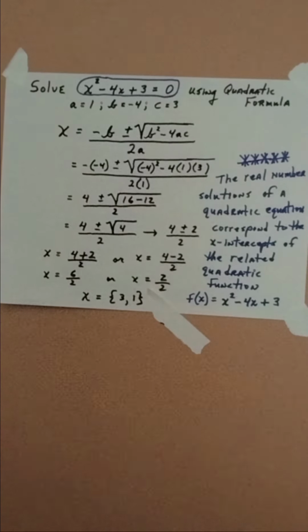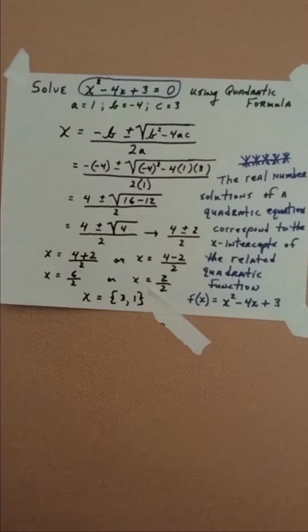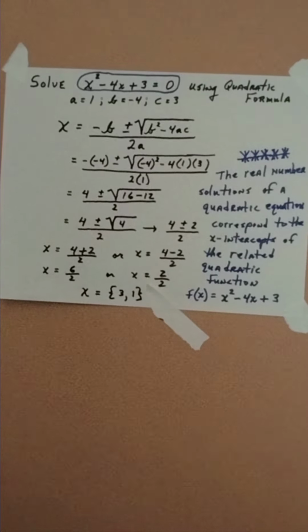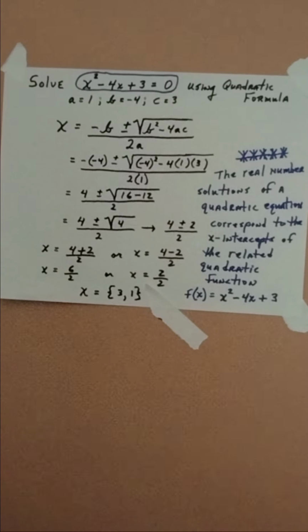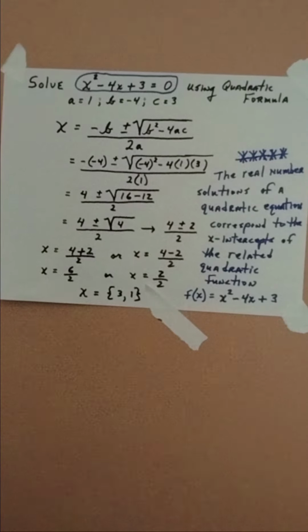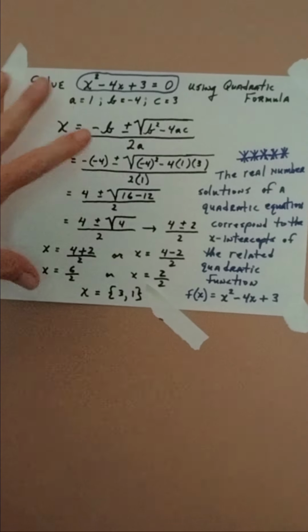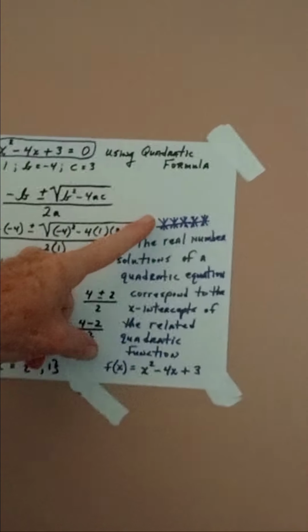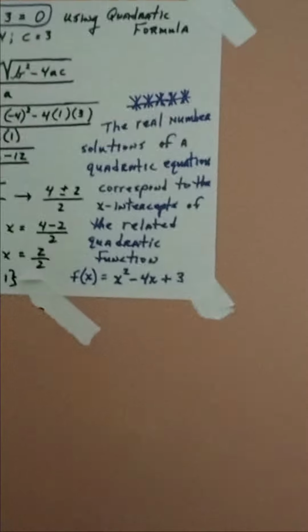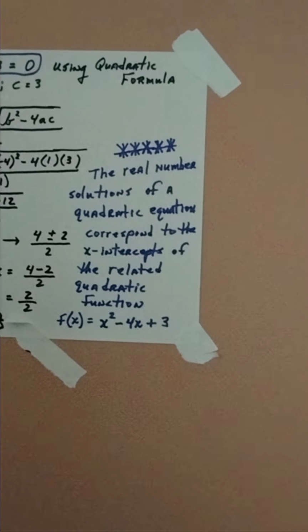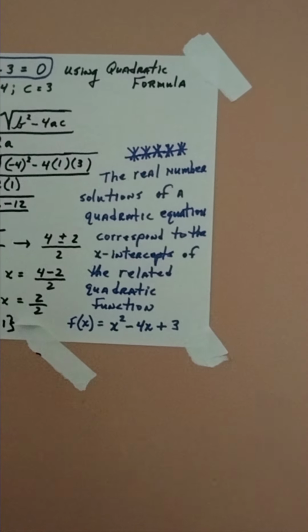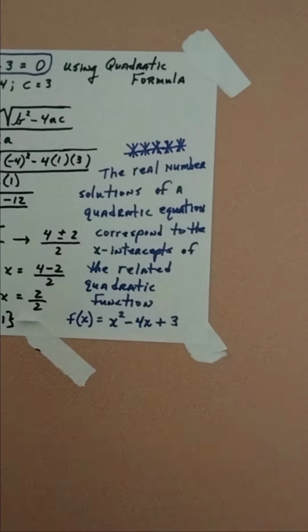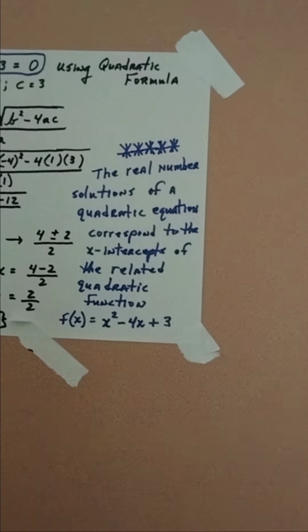Now, we're going to move into 8.3 and get into the whole idea of graphing a quadratic function. I wanted to start with this little diagram first, and now we're going to make this statement, which I have written right in here. If the solutions of a quadratic equation are real number solutions, that doesn't mean that they have to be rational.